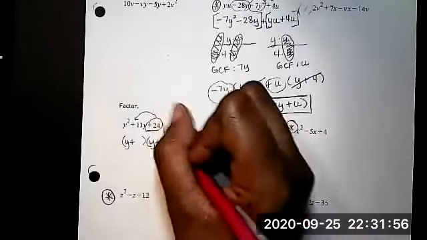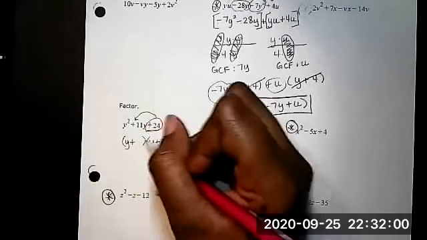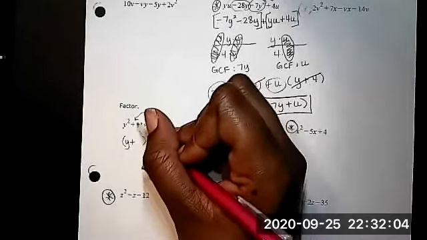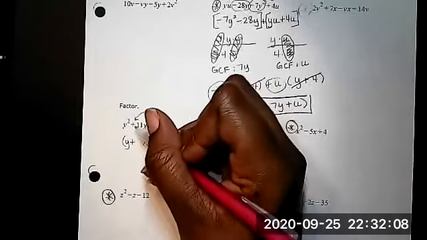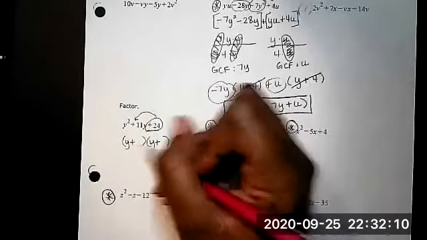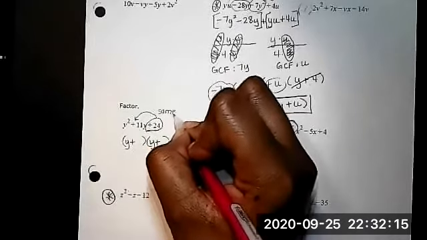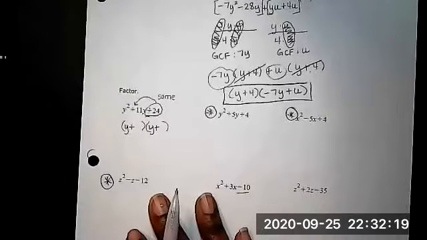So the last number is positive, which means they're both going to be either positive or negative inside here. In this case, because the middle number is positive, they're both positive. So if it's positive on the end, but it's negative right here, then they're both negative, okay? So the last number being positive means it's the same sign, either both positive or both negative. In this case, it's both positive because the middle number is positive.